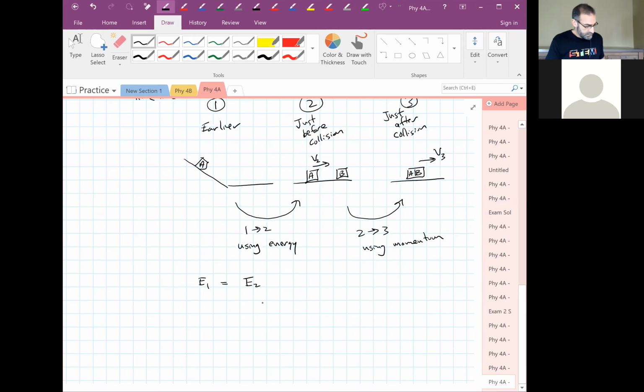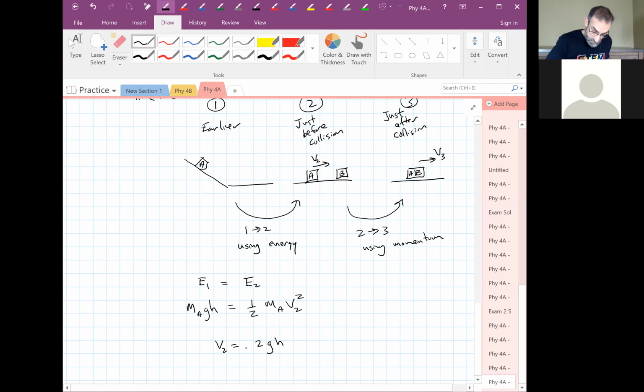So for my energy conservation problem, I've got E at time 1 equals E at time 2 because I have no friction in my system, no external forces. And that means that this is mechanical energy, of course. I'm starting out, all the mechanical energy is in the form of gravitational potential energy. And at the end, it's all in the form of kinetic energy. And this tells me that my velocity is the square root of 2gh.